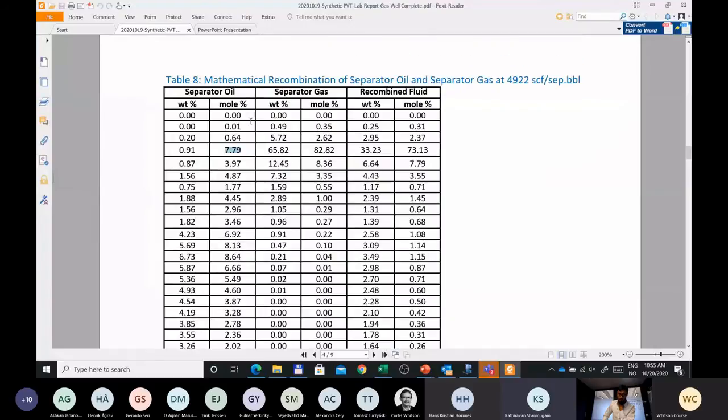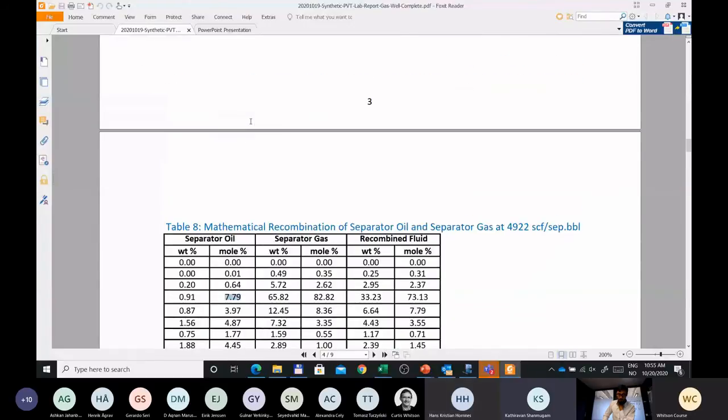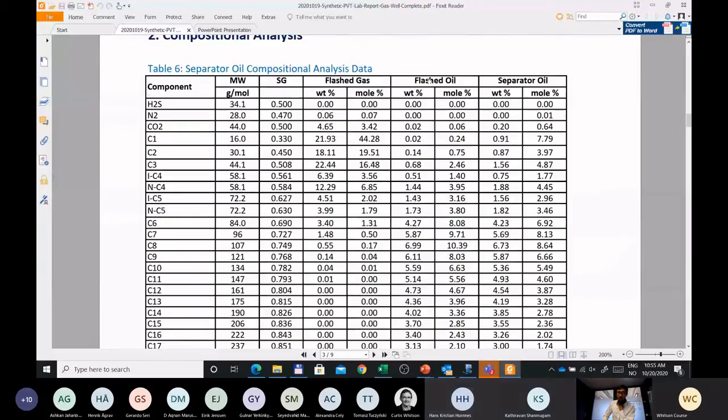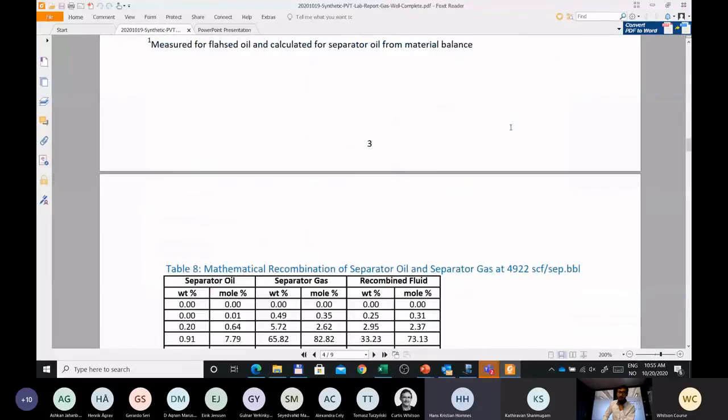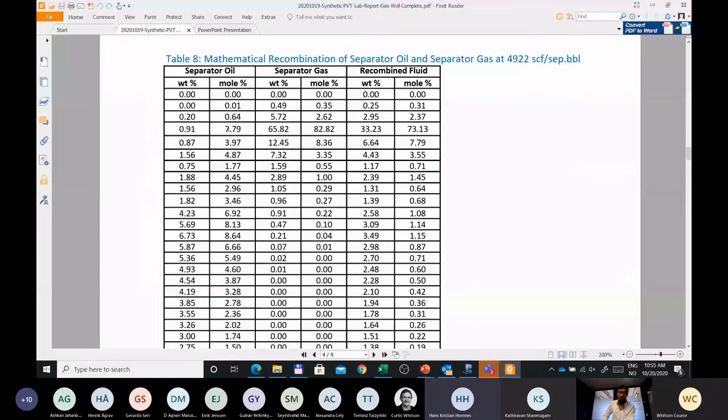Okay, so the flash gas and oil on the previous page are not the same as this one. No, this flash gas and flash oil are coming from the separator oil. So you get the separator oil here, and then you use this separator oil and the separator gas that is analyzed separately, and use both of them with this recombination GOR to come up with the wellstream composition. So that's your recombined fluid. Okay, so this is going to be covered in detail later, right? Yeah, we will cover it in detail.